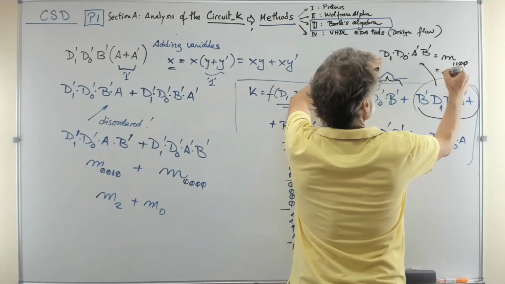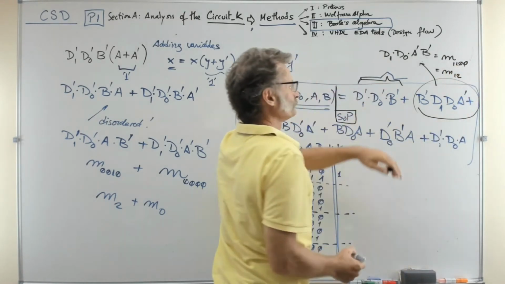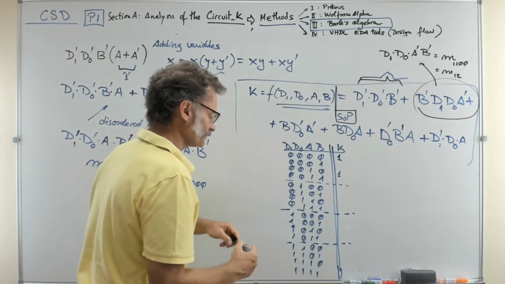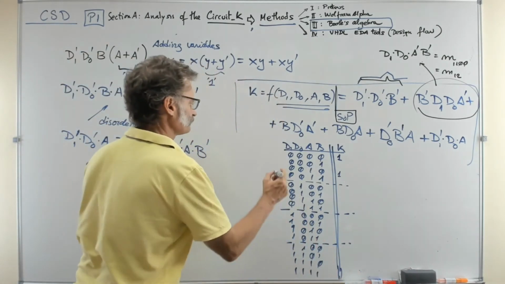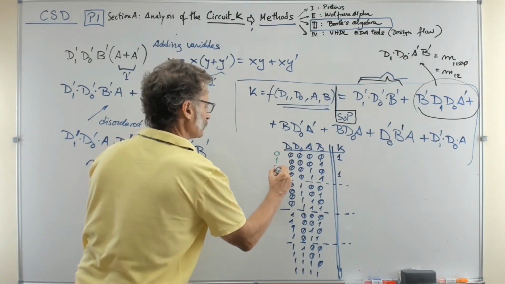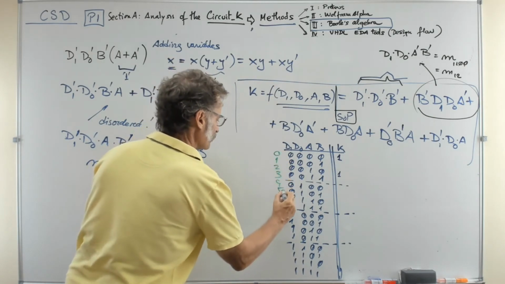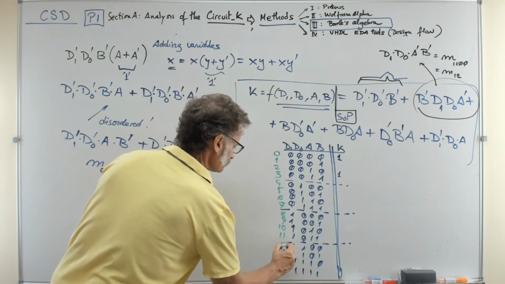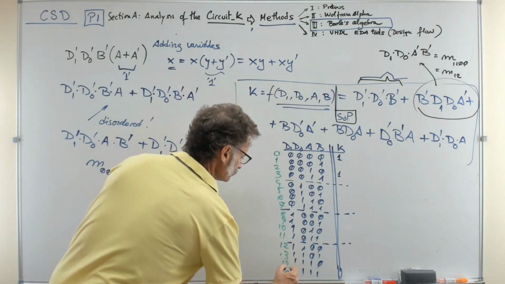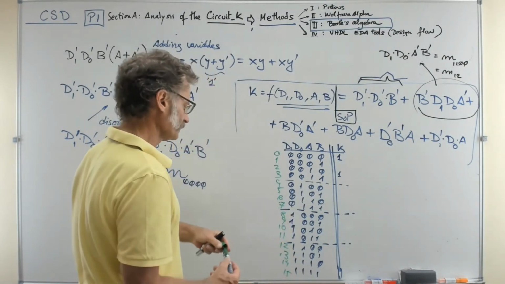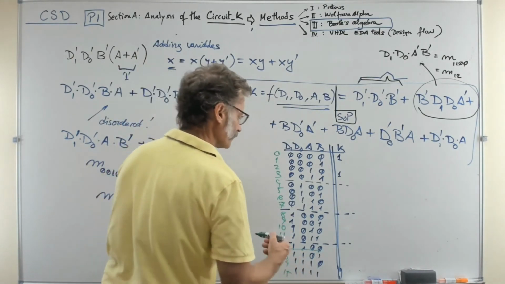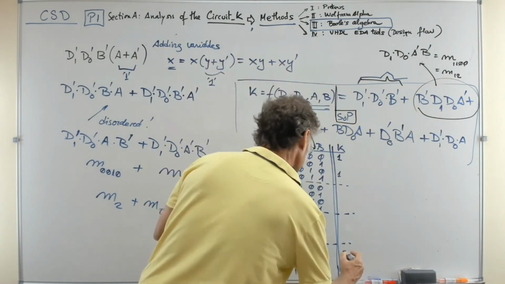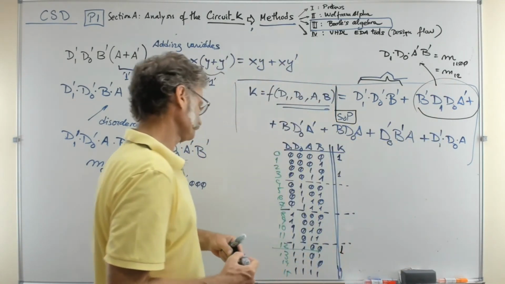So this is the minterm 12, because 1, 1, 0, 0 is the combination 12. And you know that because you can all the time remember that this is 0, 1, 2, 3, 4, 5, 6, 7, 8, 9, 10, 11, 12, 13, 14, and 15 in decimal. So this is the value you've got here. So this is a minterm. So this is a 1. Okay.